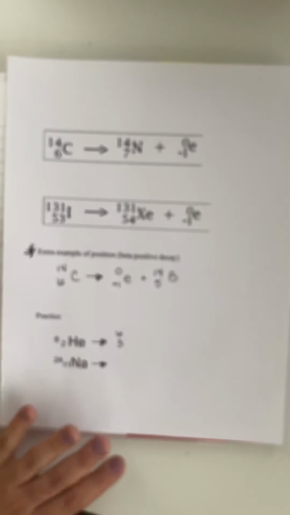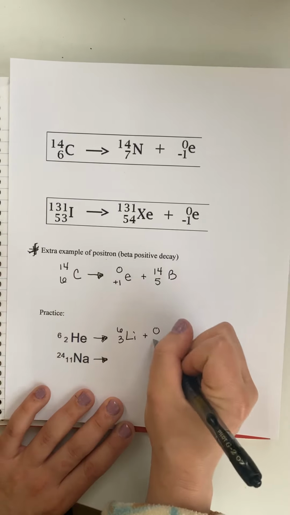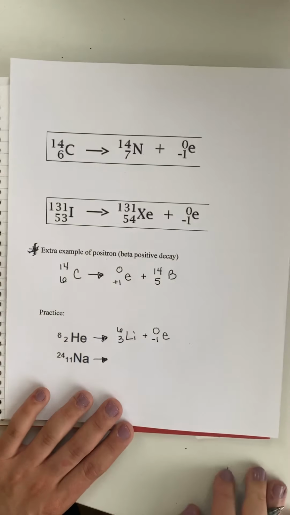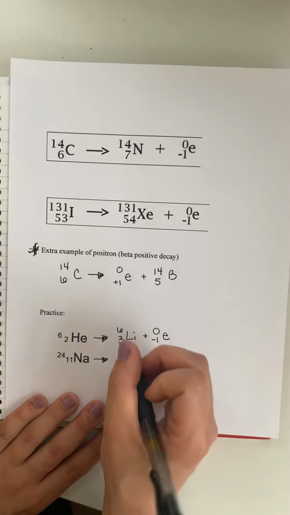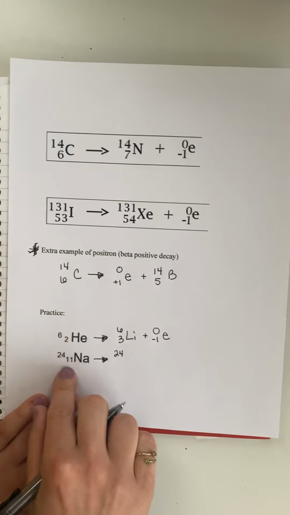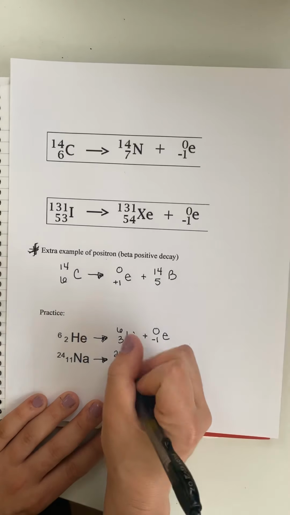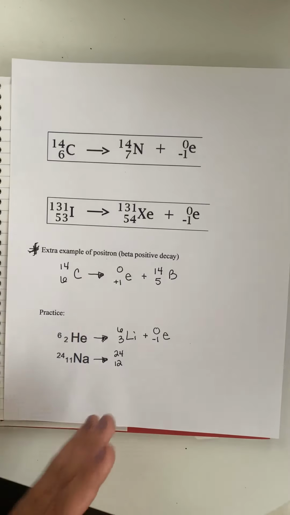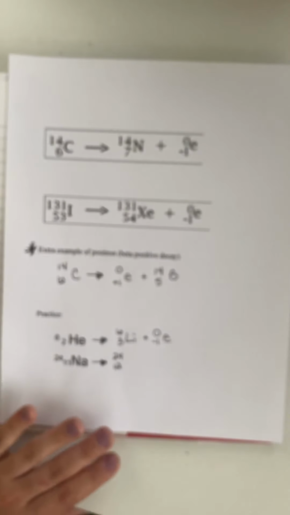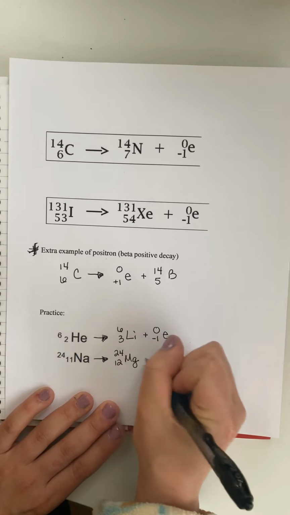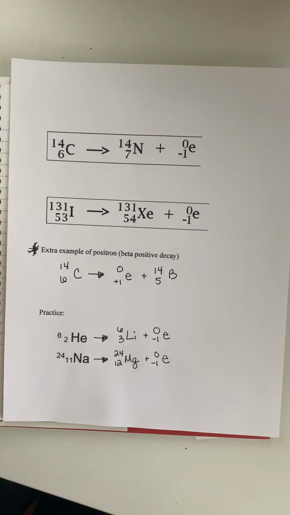Oh, look at that. I turn into lithium, but I also need to show you that I emitted that beta particle. All right, let's try sodium. Remember, mass stays the same. I just gain a proton. 11 + 1 is 12, which means I am now magnesium. And I emitted a beta particle.